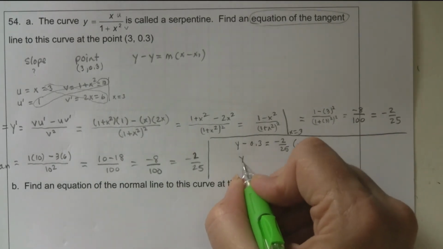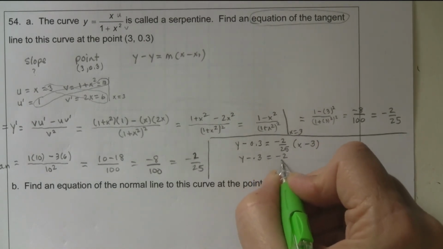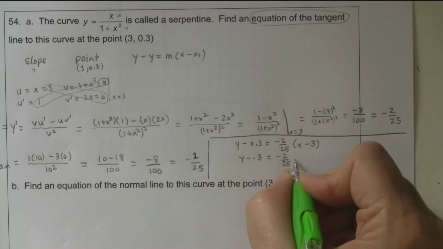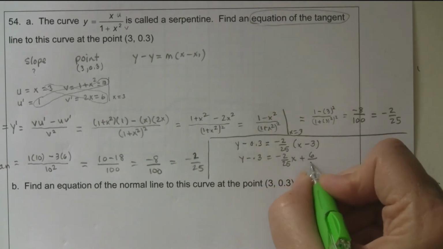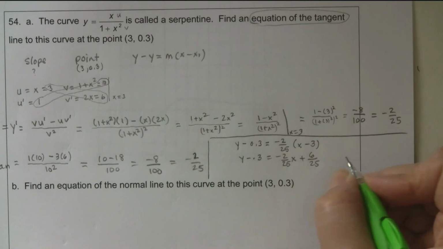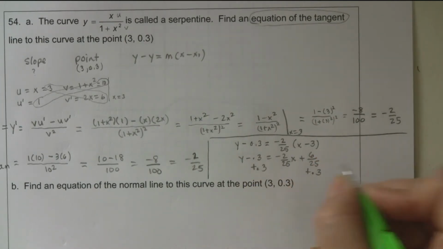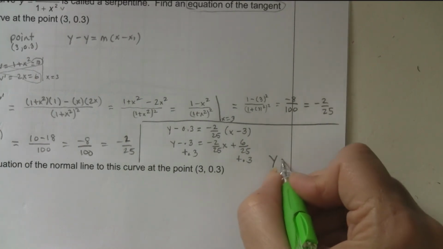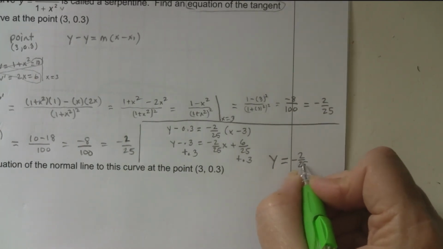And so long story short, you should solve for y. So this is negative 2 over 25 x plus, and let's see, that's going to be 6 over 25. And I'm going to add 0.3 to that. I think I will use my calculator to do that.